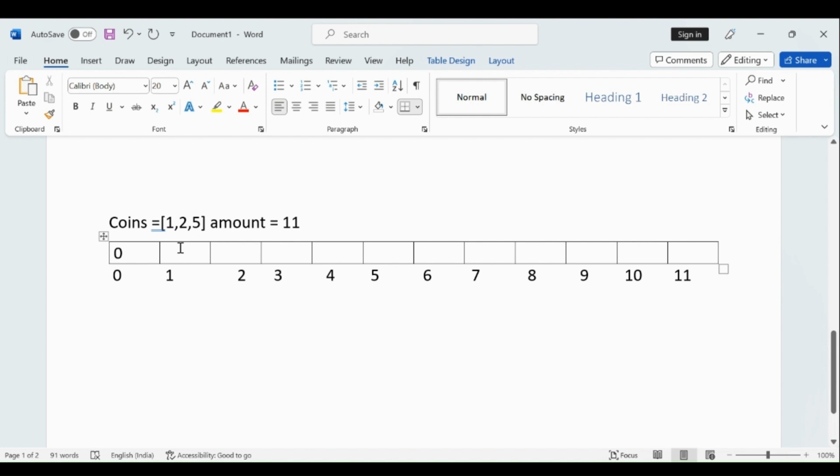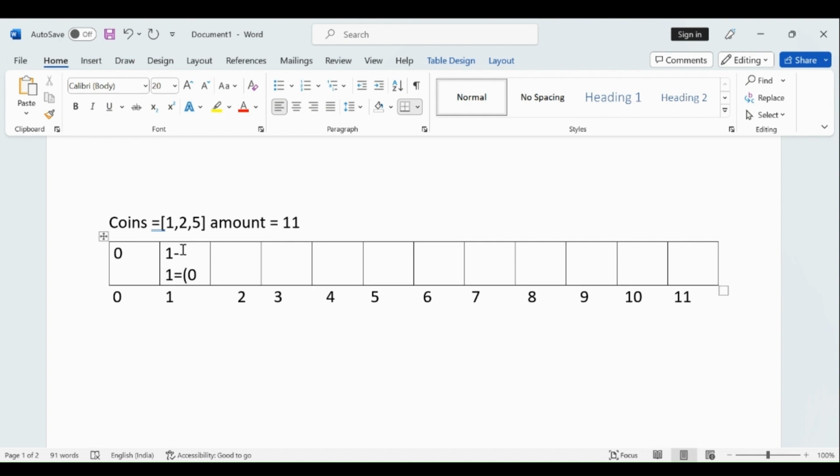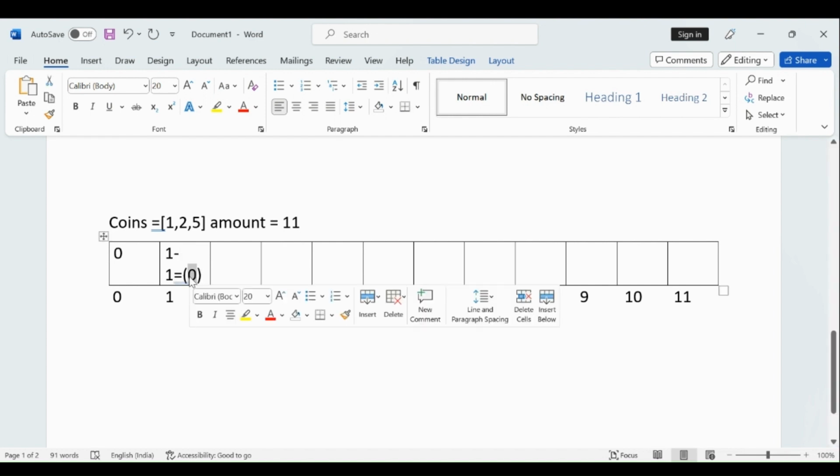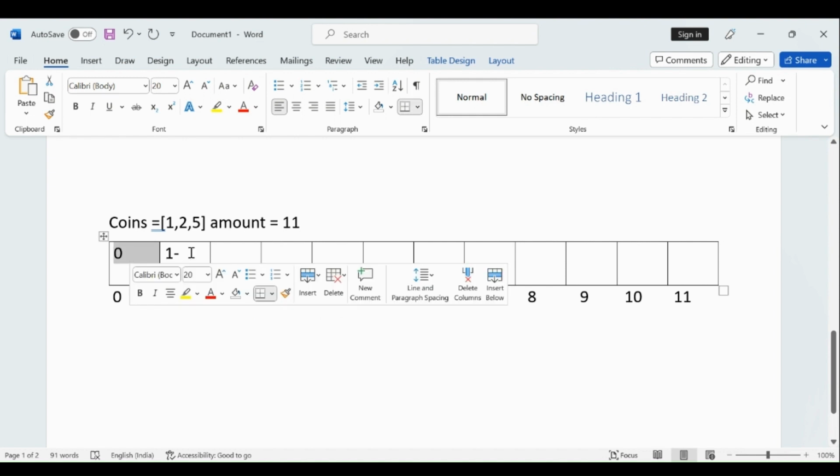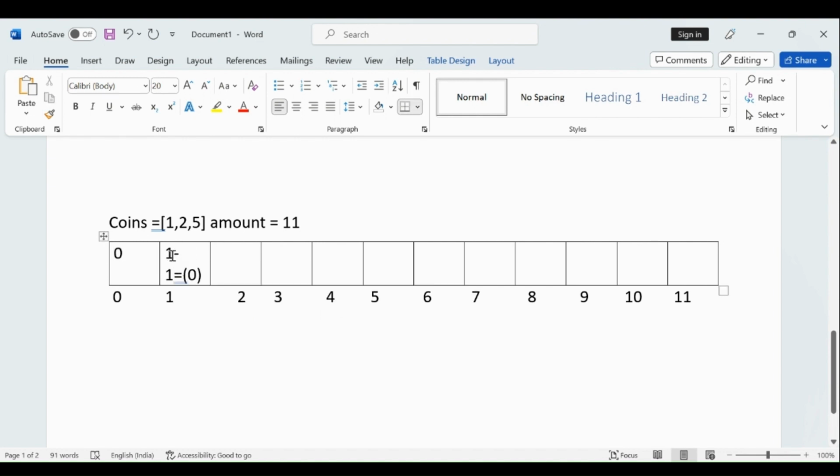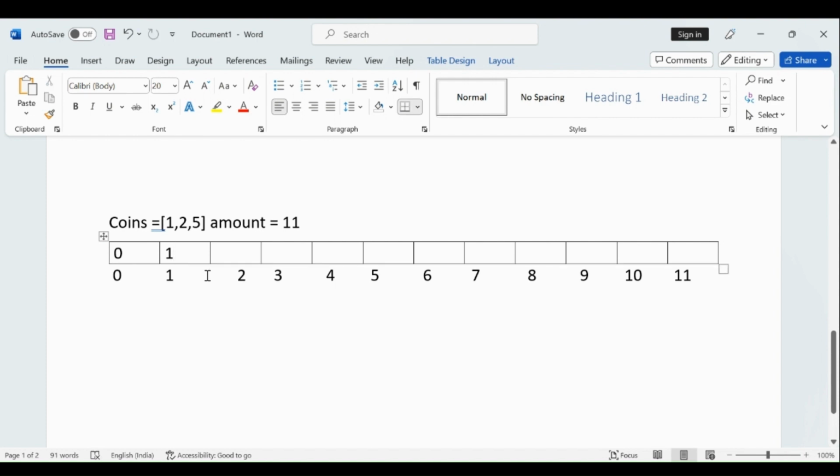How do we reach this? Suppose you do 1 minus 1, which is 0. This is also an amount, right? So what is the minimum number of coins that was required to reach the amount 0? That was 0. And now you are using one more coin, this coin. So your answer in this case will be 0 plus 1, which is 1.